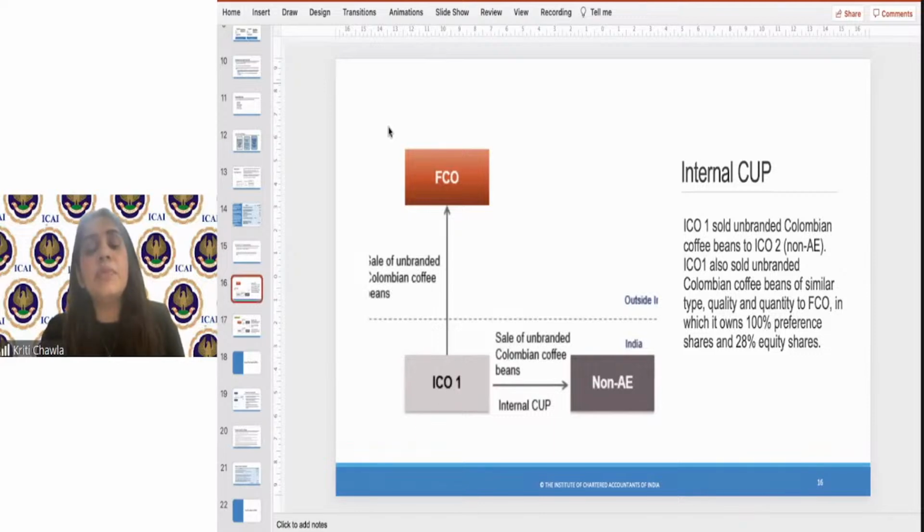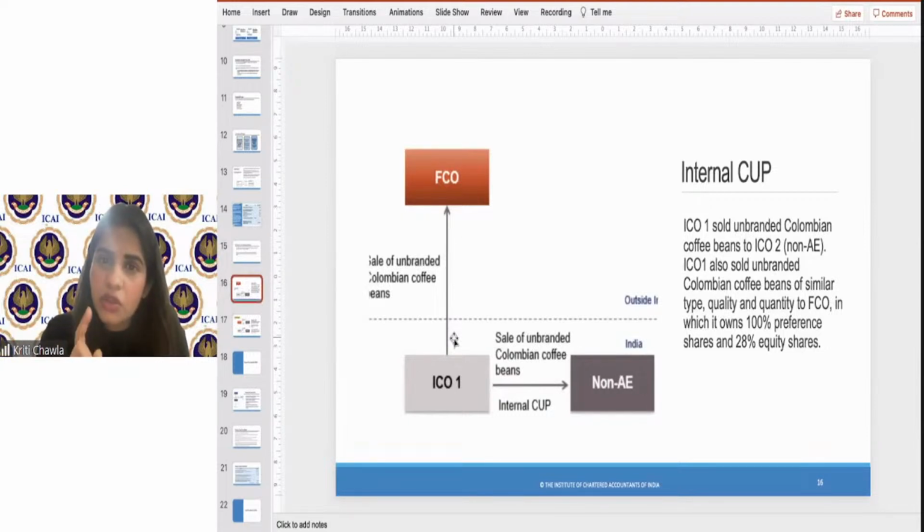Now I company is selling unbranded Colombian coffee beans to F company, and this is our related party transaction. When this sale transaction takes place, we want to make sure that this is at ALP. So this related party transaction is to be substantiated by means of ALP.